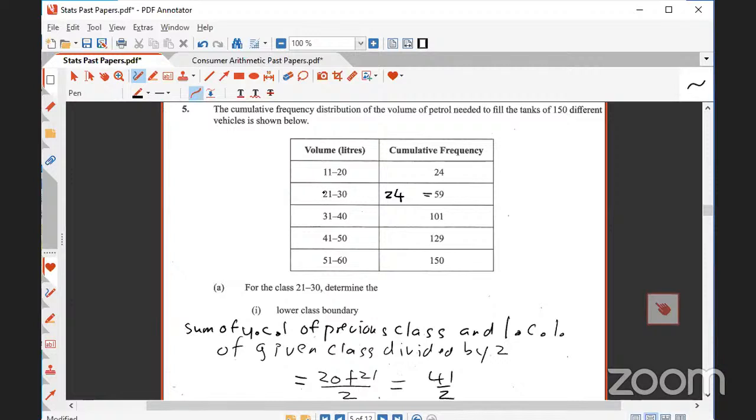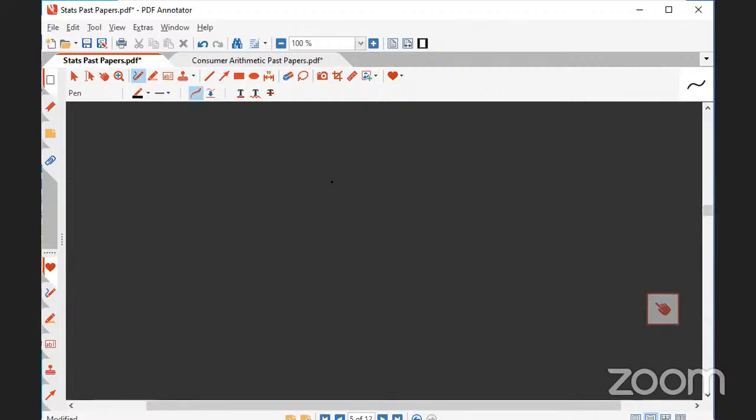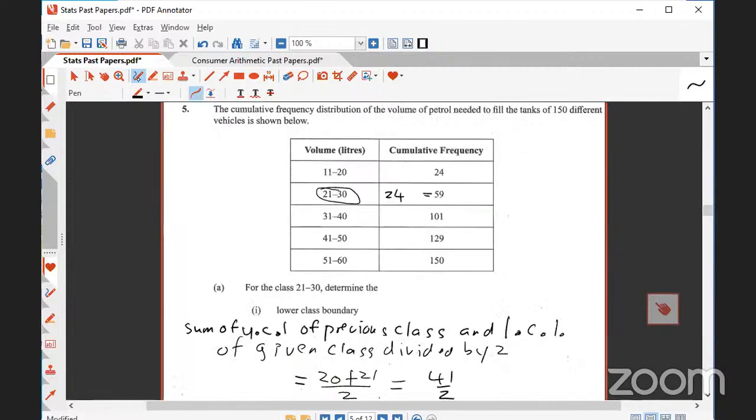So if I want the frequency of the 21 to 30, what I'm going to have to do is subtract the one that comes before it, which is the 24. And so the frequency of this one is 35. But that's not what I want. I want the frequency of 31 to 40.